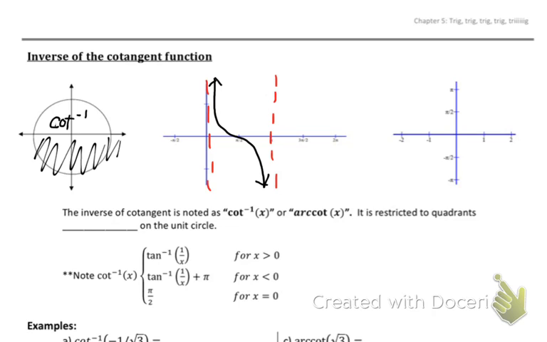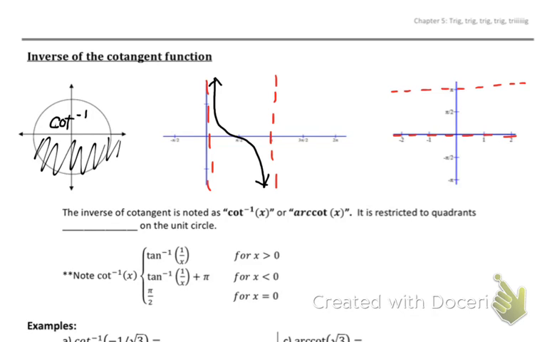To graph it, wherever I have a vertical asymptote, the inverse is going to have a horizontal asymptote. So we have a vertical asymptote at 0 going across the y-axis, so we're going to have a horizontal asymptote going across the x-axis. So y becomes x. And we also have a vertical asymptote at pi, so we're going to have a horizontal asymptote at pi on our inverse.